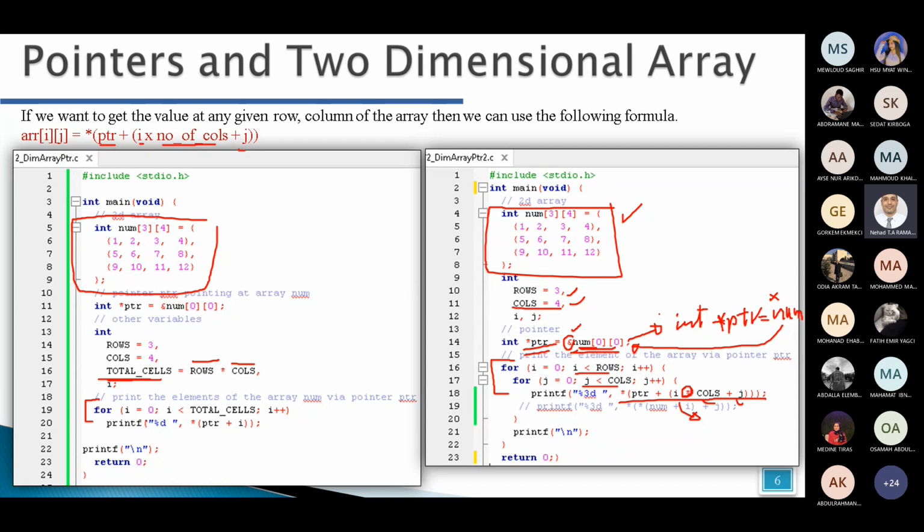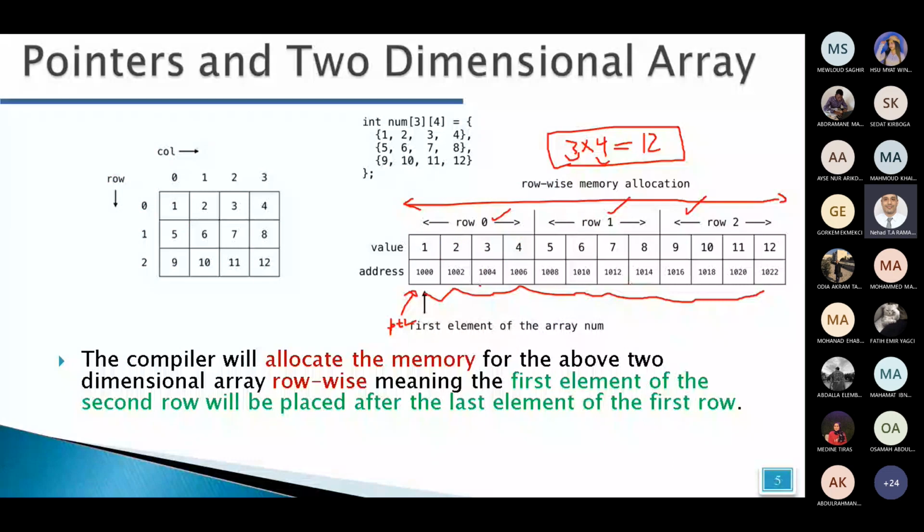So we loop from index 0 to the total number of cells, which we calculated here. Now we say pointer plus I. What is I? The index inside the array, sequential like this: 0, 1, 2, 3, 4, 5, 6, 7, 8, and so on.